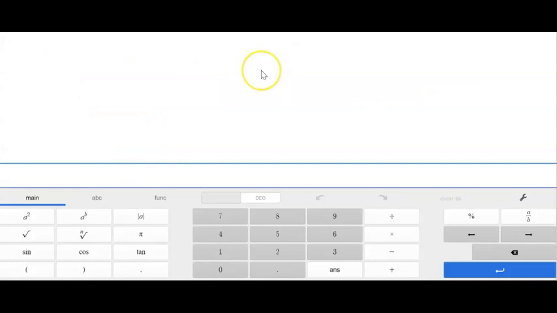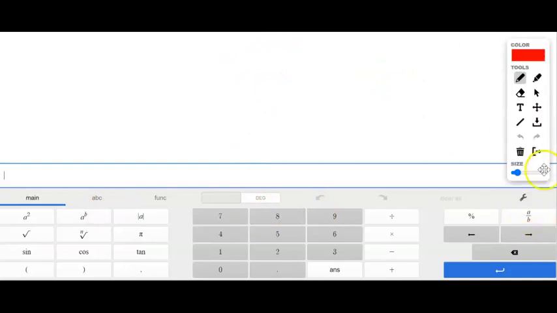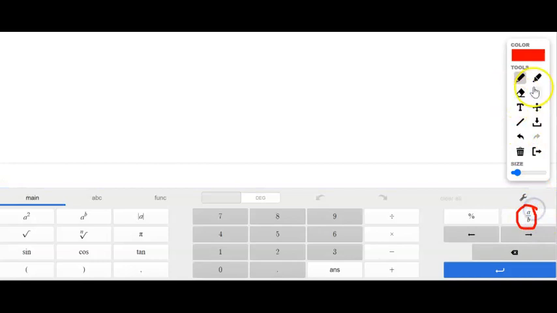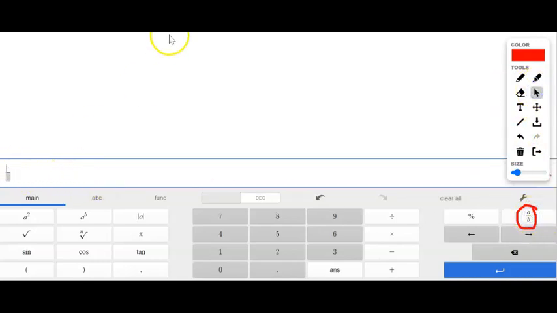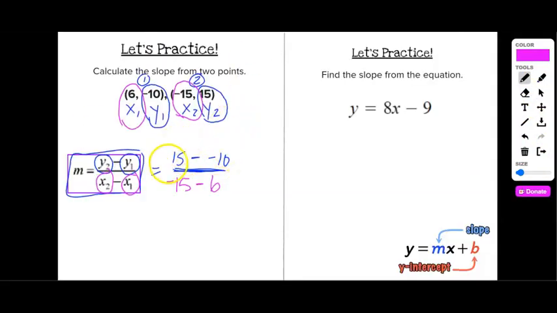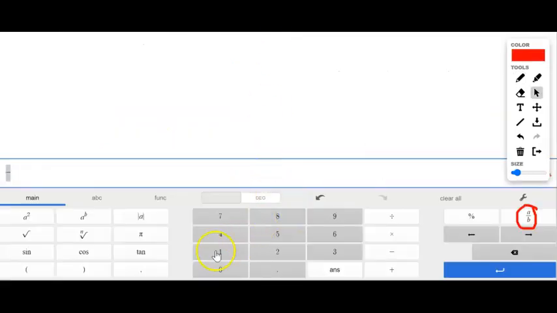So for this, I'm going to use the Desmos calculator. I have linked this calculator in Schoology, so you can find it in your calculator folder. So to start, I'm going to get this fraction. I'm going to click this fraction button right here so that I can type in the fraction. And then on the top, I need to put 15 minus negative 10. And then on the bottom, I'm going to put negative 15 minus 6.